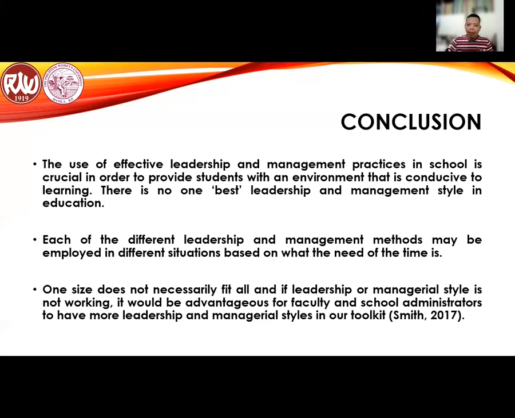If we can identify leadership styles that work best in the schools, school leaders can be trained to utilize them. One size does not necessarily fit all. And if a leadership or managerial style is not working, it would be advantageous for school leaders and faculty to have more leadership styles in their toolkit.